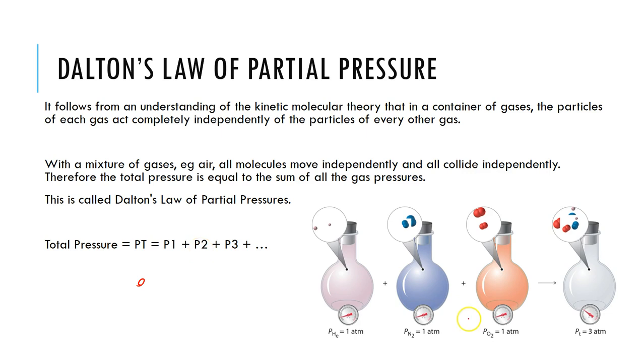So if we look at this diagram here, if we have a container that contains helium at 1 atmosphere or 100 kilopascals, and a different container with nitrogen at 1 atmosphere, and one with oxygen at 1 atmosphere, if I was to combine the contents of all 3 of these flasks into one single flask, I would still have oxygen molecules, nitrogen molecules, and helium molecules, but the total pressure is the sum of the pressure of each gas.